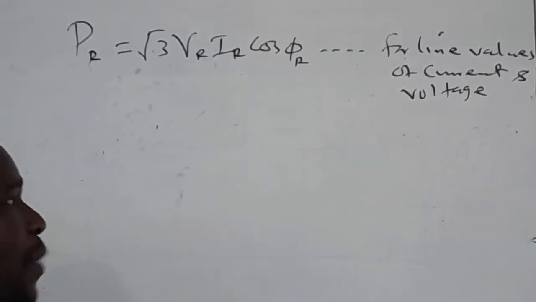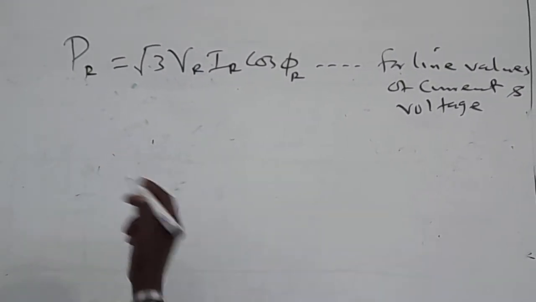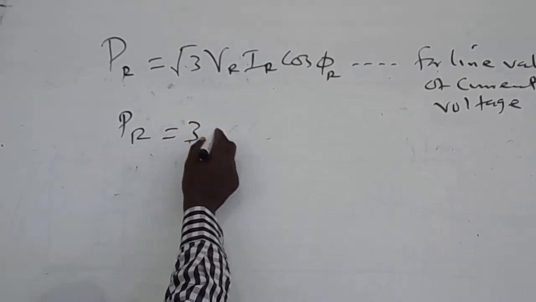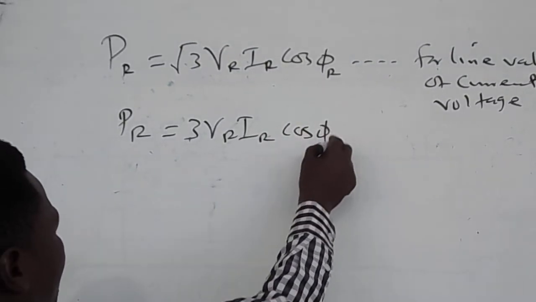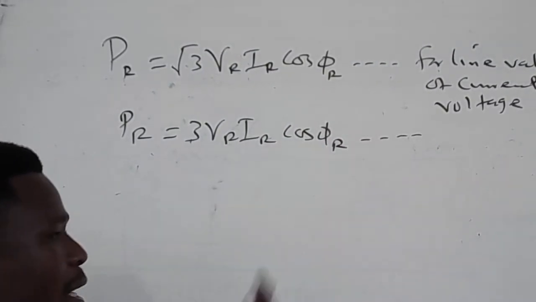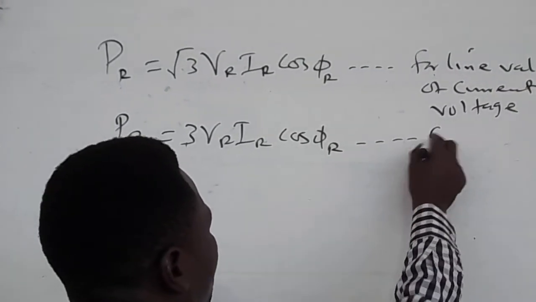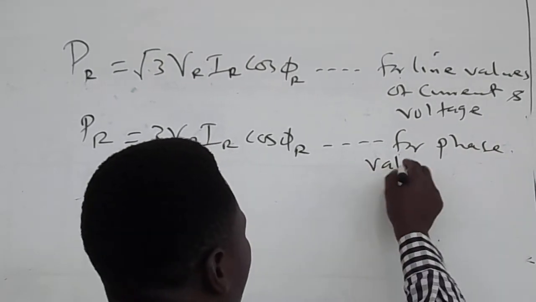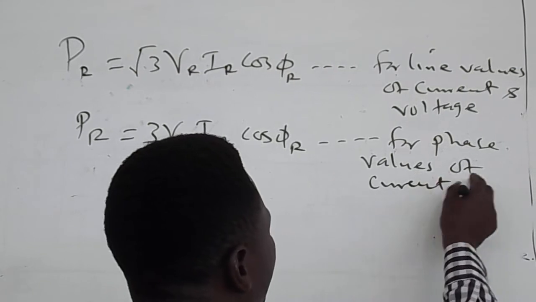I may also get the same receiving end power using the expression receiving end power equals 3 VR IR cos phi r, but this one is used for phase values of current and voltage.